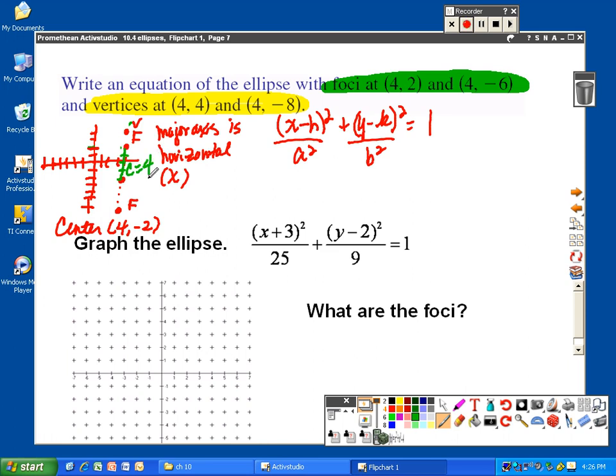So my A value needed to be, I'm going to put it down here, right here. That is 4, 5, 6. So A is 6.